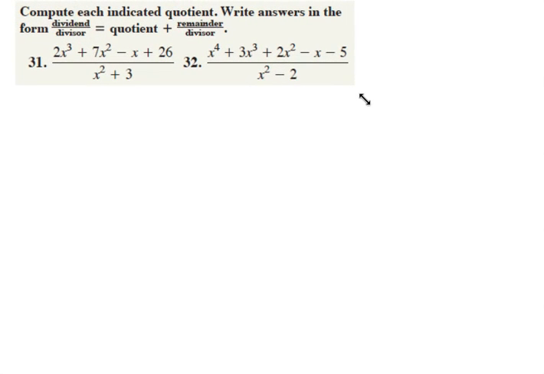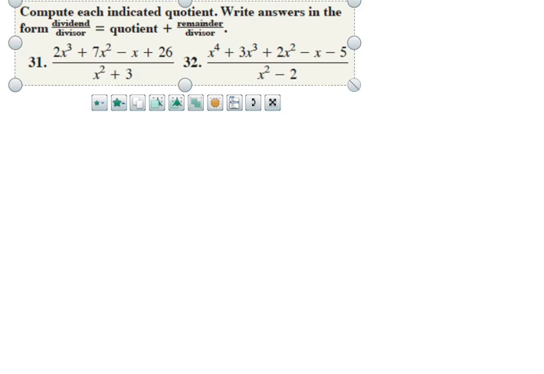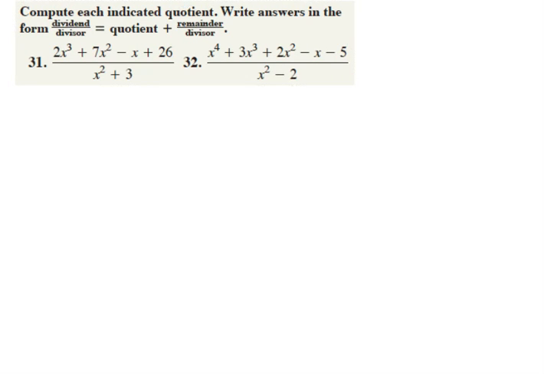All right, so if we do number 32, as soon as you see a divisor that's not linear, instantly we should start thinking, I can't do synthetic division anymore. We have to use long division. And there will be one on your test where you have to use long division. Okay? So as soon as you see a nonlinear divisor, we have to use long division.